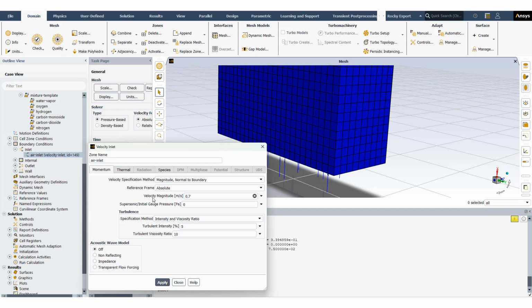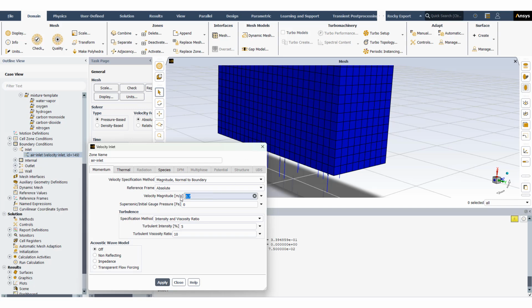The value of your velocity magnitude will dictate how the particles are going to get fluidized. So the motion of the particles will be determined by how strong your velocity magnitude is, or your mass flow rate of air is.